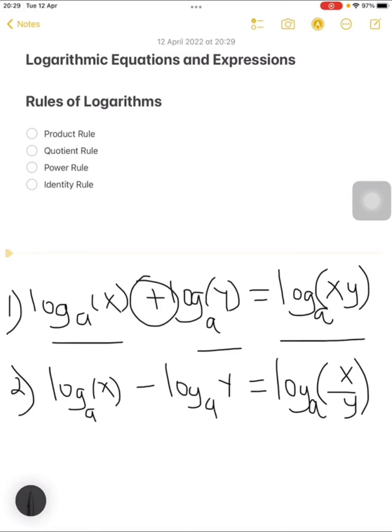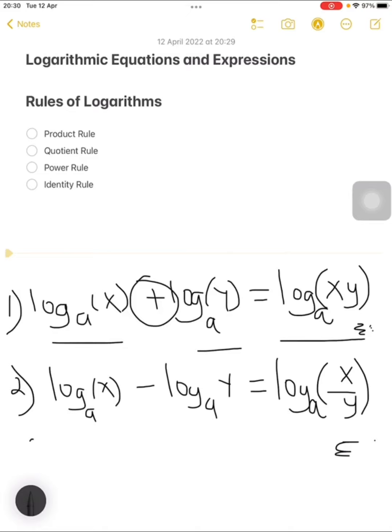For the quotient, you're seeing here we have division, but when the two of them are separated, it's a minus sign. And for the product rule, the two of them here are multiplied, x multiplied by y, but when each of those terms is on its own, the two of them are united by an addition sign. Whereas for the quotient, it's division on one side, and when we have the two terms, we have the minus sign.